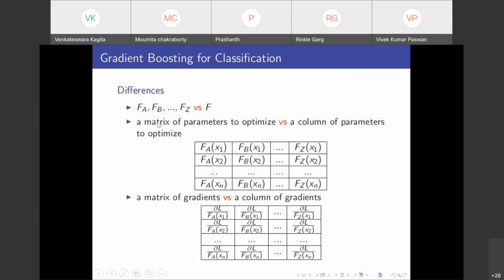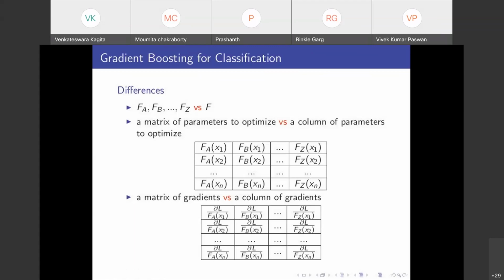The difference is that here we have 26 models, whereas in regression we have only one model. There we have a column of parameters to optimize; here we have a matrix of parameters to optimize. So we have FA of x1, FA of x2, and so on, FA of xn, FB of x1, FB of x2, and so on, FB of xn, and so on, FZ of x1, FZ of x2, and so on, FZ of xn. Whereas in regression, we only have F of x1, F of x2, and so on, F of xn.